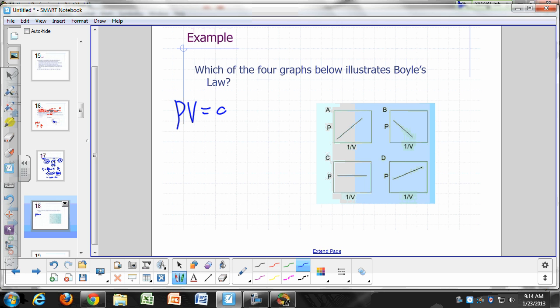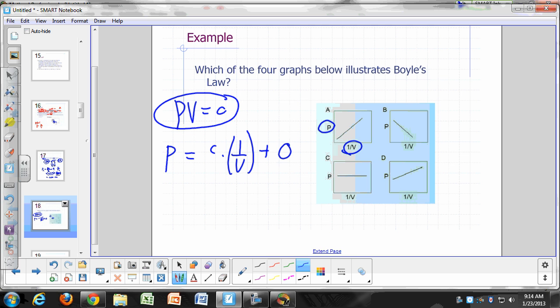So I can rewrite this. Let's say I were to plot pressure versus 1 over volume. Now let's see. Pressure would be C times 1 over volume plus 0, right? I'm rearranging this equation.